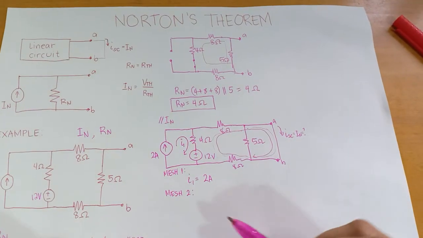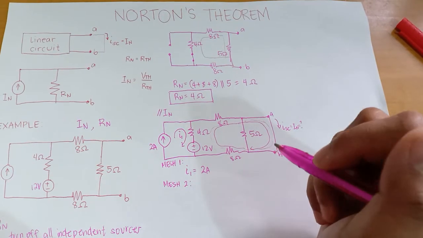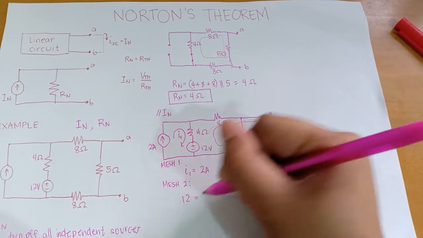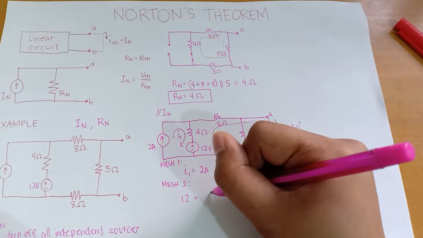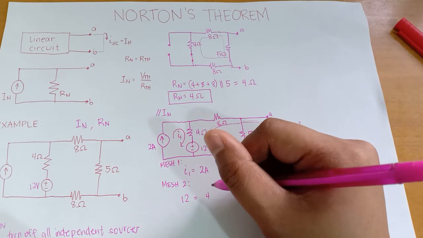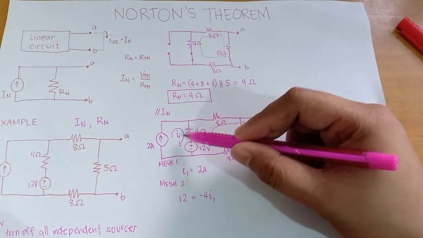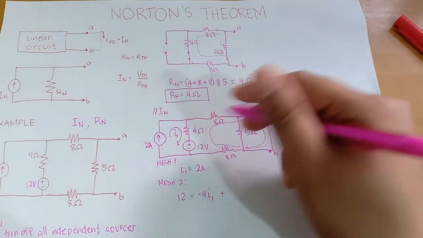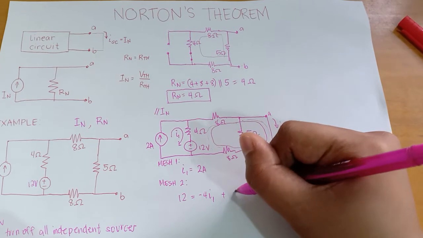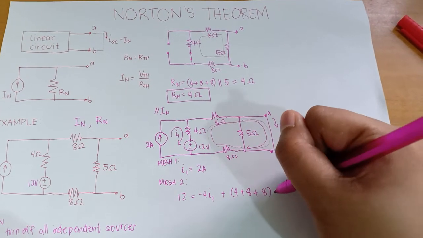Yan. Sa mesh 2, we have lahat ng voltage source, isa lang naman. So, 12 equal to negative 4 I1, diba? Negative 4 I1 plus lahat ng sum nitong mga resistances na dadaanan. We have 4 plus 8 plus 8 I2.